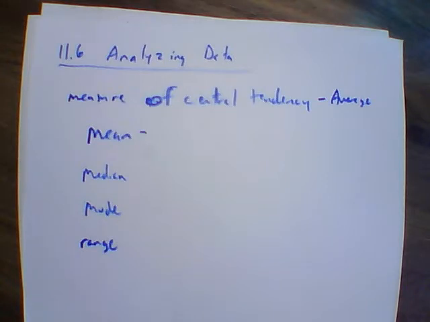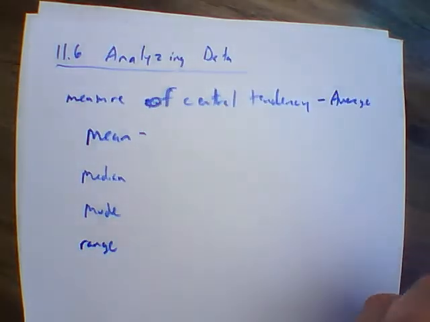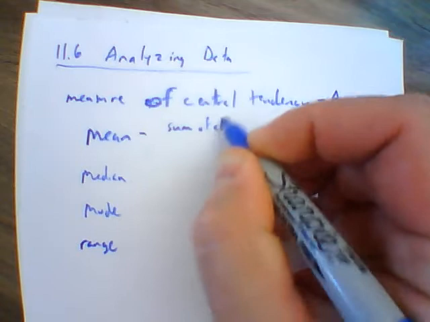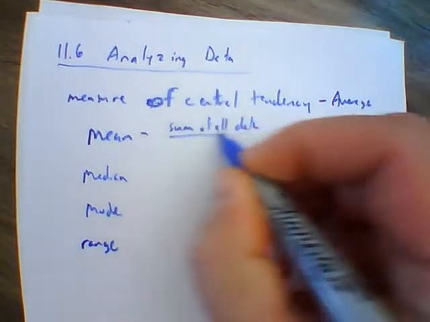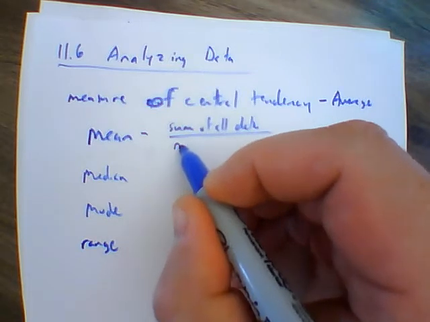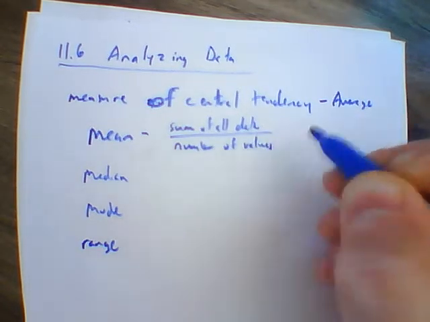So the mean is very defined. It talks about taking the sum of all data. So we're going to take the summation of all our data, and then we divide it by the number of the data values.